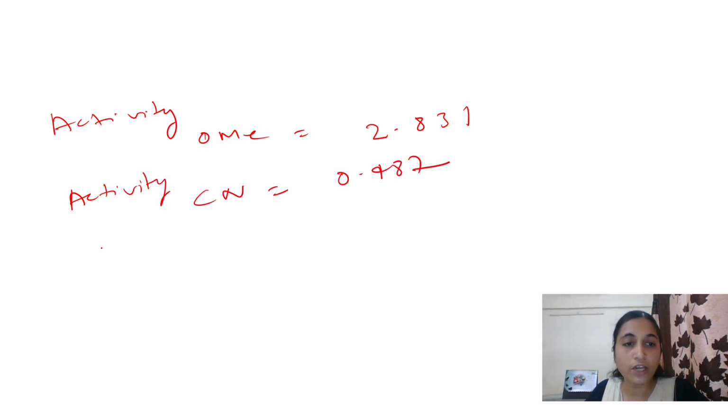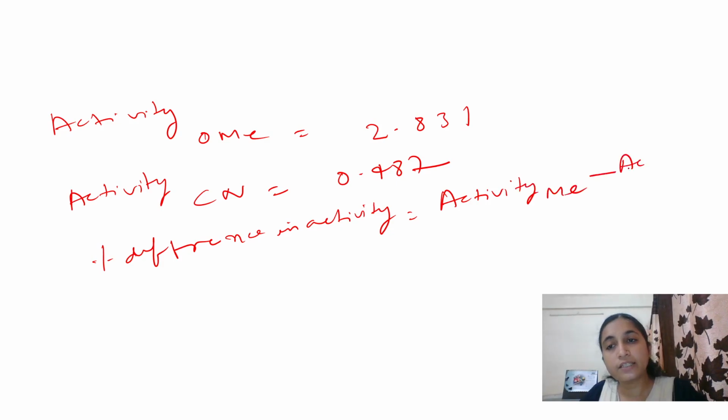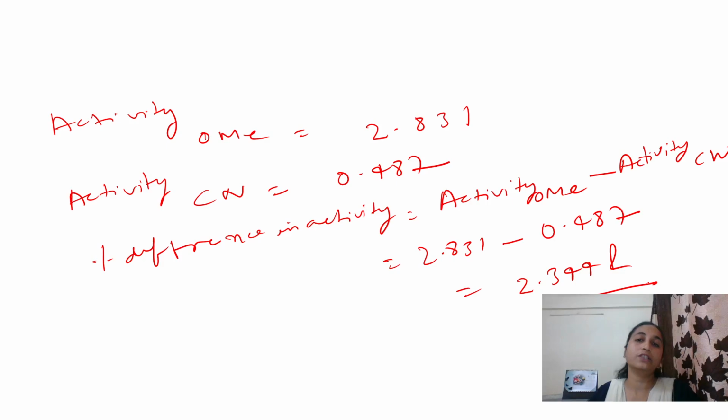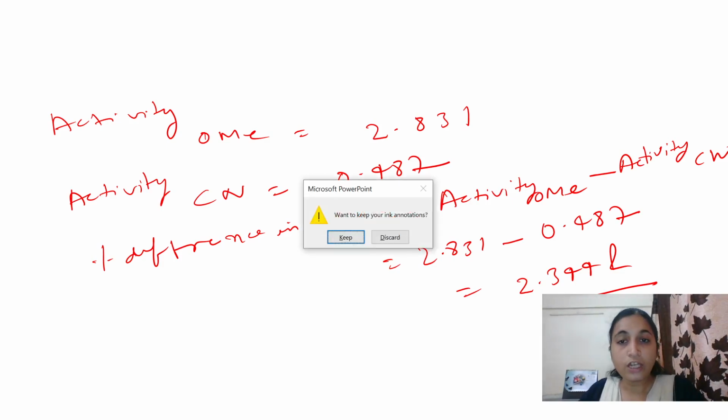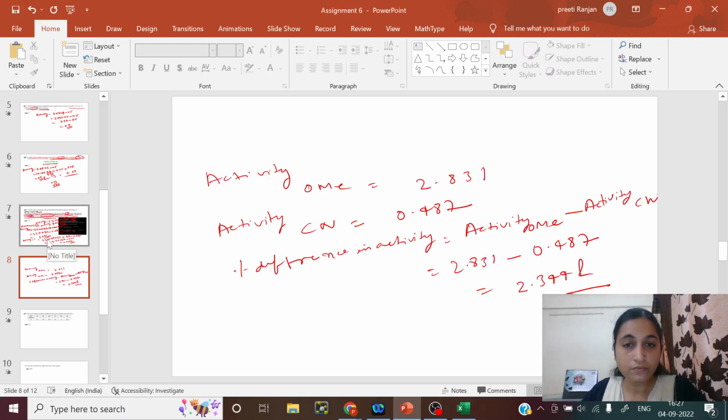So now they want us to calculate difference in activity. These two, right? So activity of OME containing drug minus activity of cyanide group containing drugs. So this will be 2.831 minus 0.487, and this will be 2.344. So this will be the answer. You all are okay with this question? Okay.